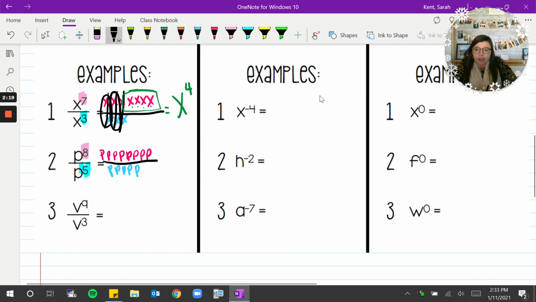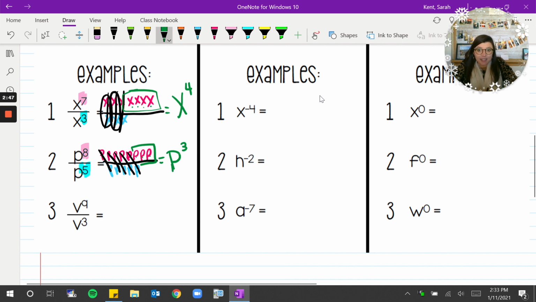And make that a fraction. If we look at what lines up, there's one group that lines up, another group, another, and one more. So we look at how many we have left. This time we've got 1, 2, 3 p's left. So that means our answer would be p to the power of 3.